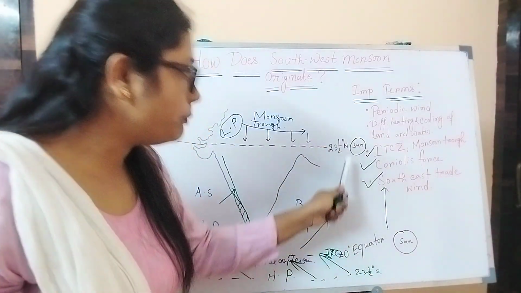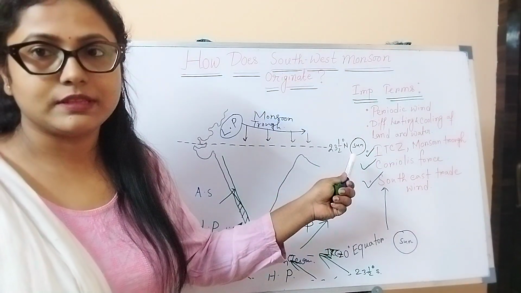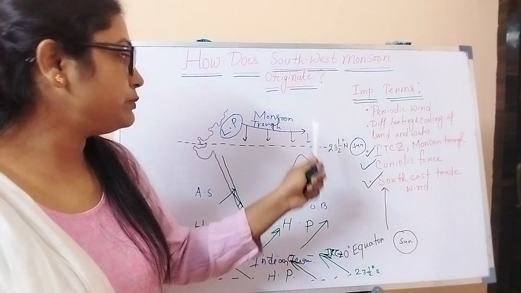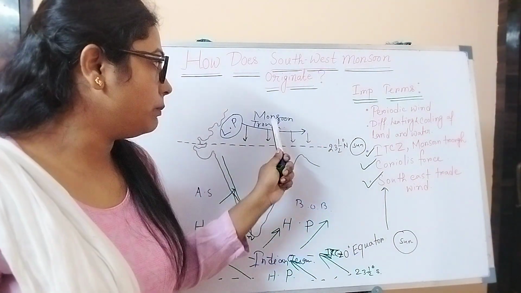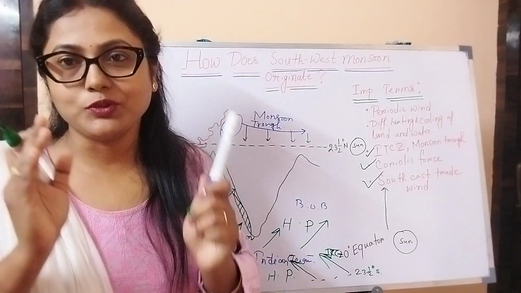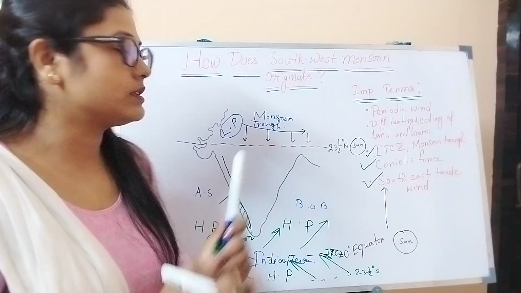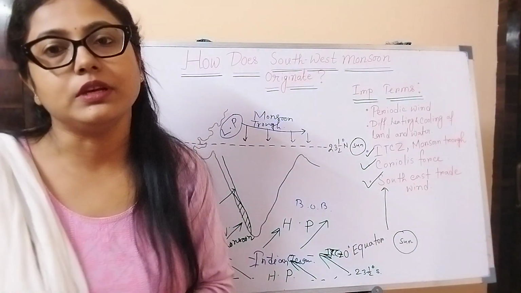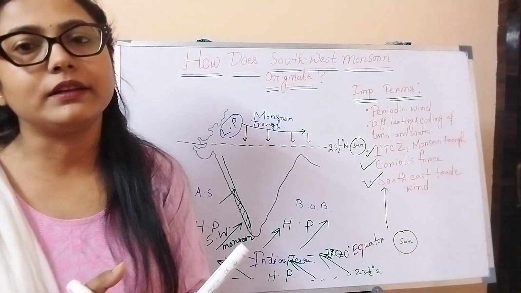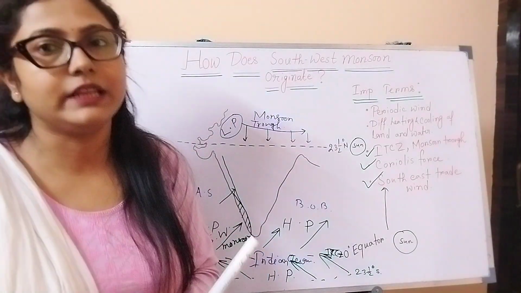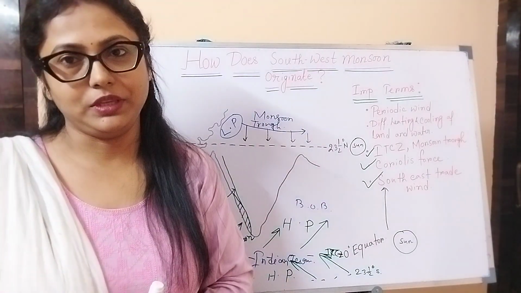With the movement of the sun, the ITCZ will also shift towards 23.5 degrees north and establish itself along the Ganga plain region, which we know as the monsoon trough. So the monsoon trough and ITCZ together are situated along this Ganga plain region, which attracts the southeast trade wind. After crossing the equator, the southeast trade wind is deflected towards the right to form the southwest monsoon winds.